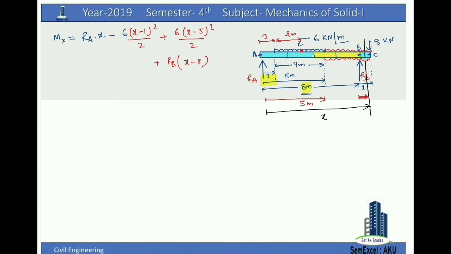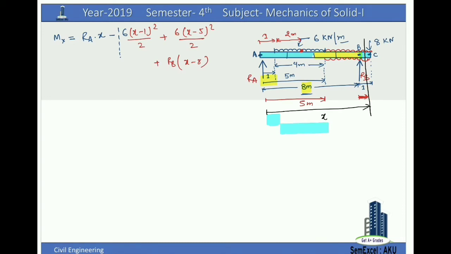If somebody asks what is the moment in this region, then you have to say the moment in this region is only up to this part. And what is the moment in this region, from 1 meter to 5 meter?